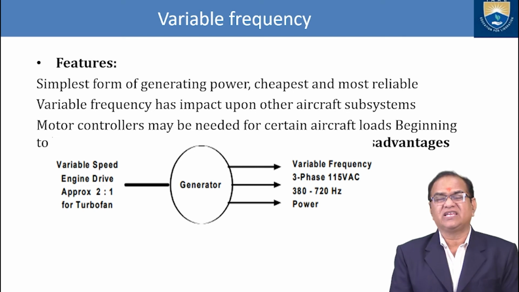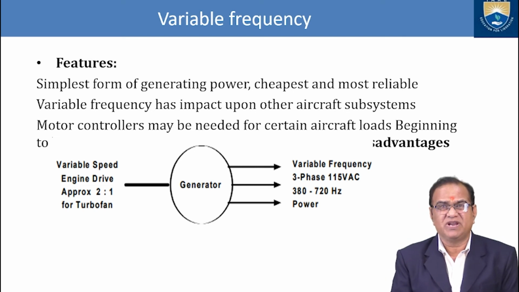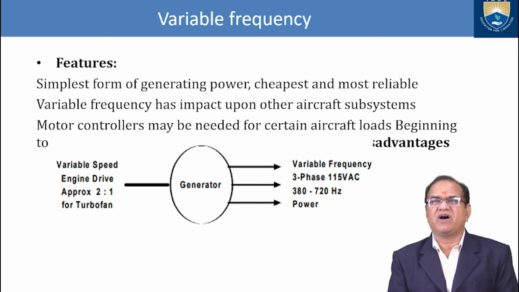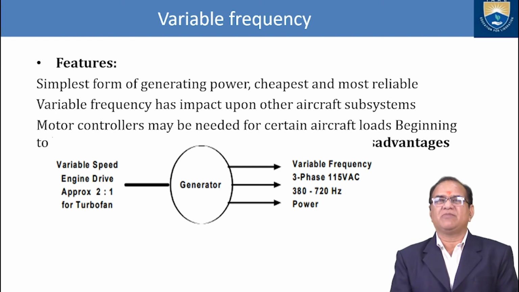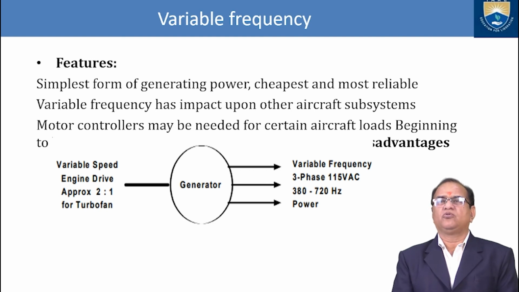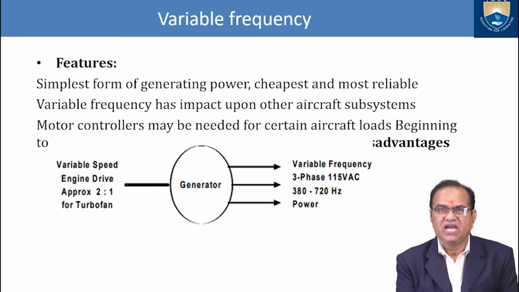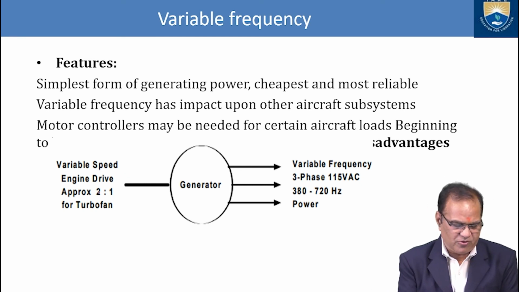But another thing is the variable frequency. This is somewhat simpler. It is the simplest form of generator power, cheapest and most reliable. Variable frequency has impact upon other aircraft subsystems, and a motor controller may be needed for certain aircraft loads. Here you can see a variable speed engine drive, approximately 2:1 for a turbofan.